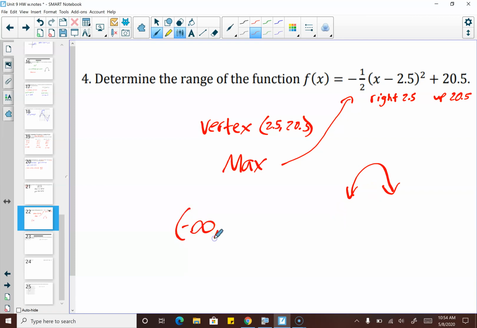So our range is going to start at negative infinity, and then what's the highest y value we're going to get? That's going to go all the way up to that maximum in the vertex at 20.5. All right, so because we have a negative out in front, we know it's a maximum point, concave down. So the arrows are going to point down forever. So our range starts at negative infinity and goes up to 20.5 because that's the y part of our vertex.